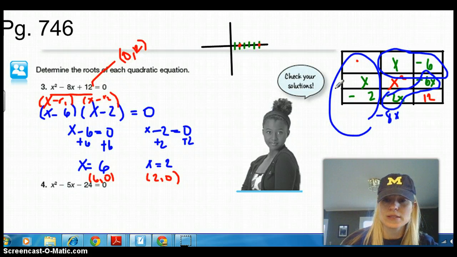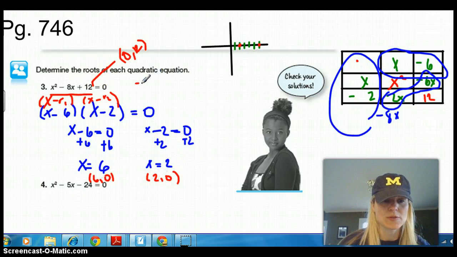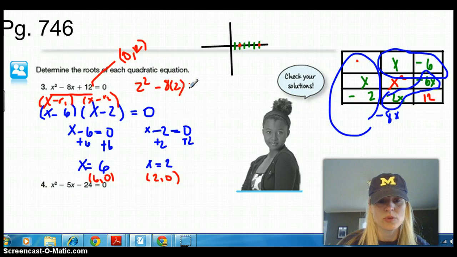Also, you can check and see. It says check your solutions to see if this is correct. So what I can do is go back to my original equation here and plug that in. So let's look at the 2. If I plug in 2 for x, I'll get 2 squared minus 8 times 2 plus 12 equals 0.